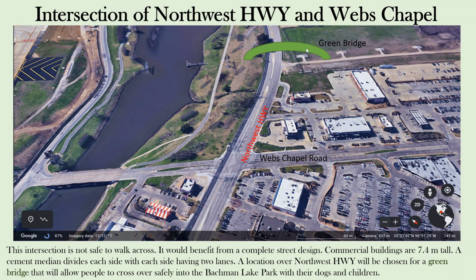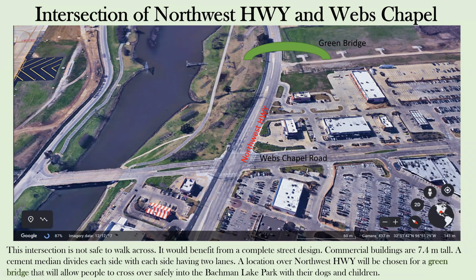This is an area where I had an idea to do a green bridge. It would be a bridge with native plants for people to safely get across this road to the park and reduce the number of injuries crossing the road. It's an intersection that's currently not safe to walk.